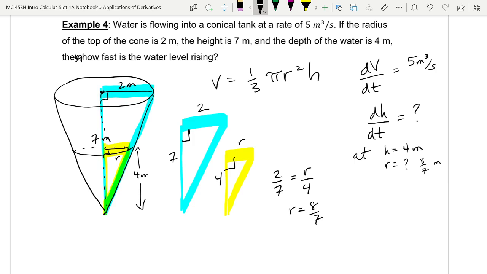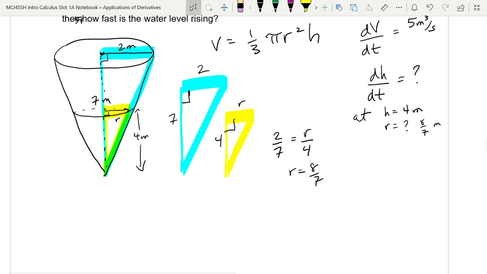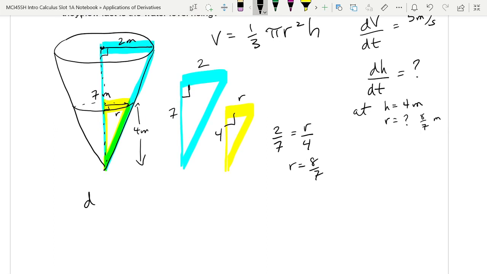So I can say that the derivative of the radius with respect to time will always be this proportion of 2/7 times the derivative of the height with respect to time. So that 2/7 proportion holds everywhere on here because the water is flowing at a constant rate.